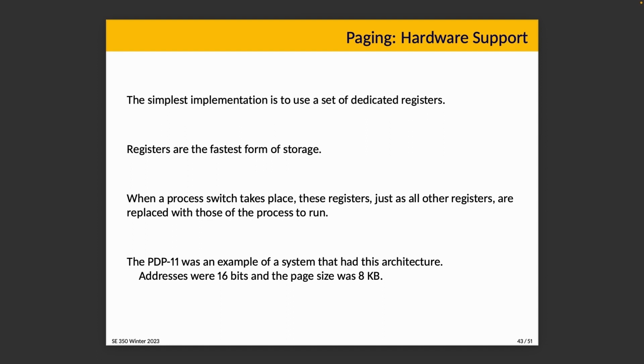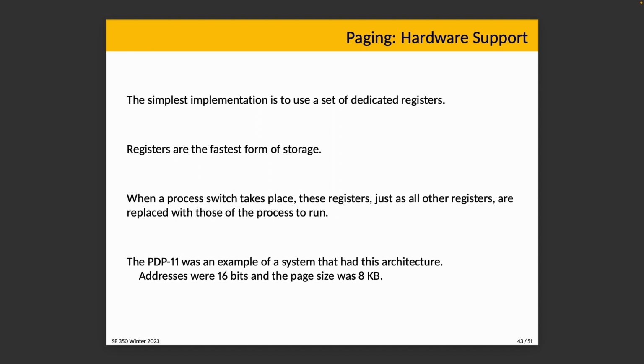So, for hardware support, we're going to ask for help. And the simplest implementation uses a set of dedicated registers. Remembering, of course, that registers are the fastest form of storage. So when a process switch takes place, we just swap the registers that correspond to the lookups here with the ones for the new process that is going to run. The PDP-11 was an example of a system that had this.